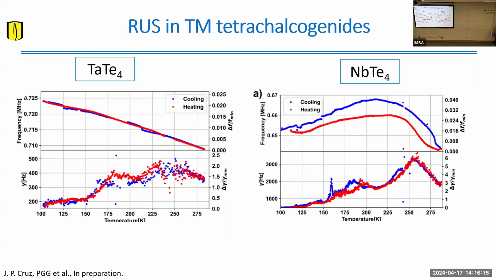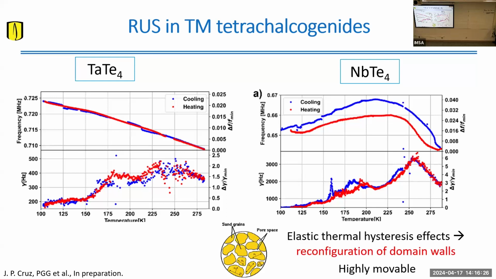This thermal hysteresis effect means that you have highly movable domain walls in the system across all the different ranges of temperature. This resembles results that have been taken for similar systems, but for granular systems in engineering, in which you have grains with movable frontiers that have the same hysteretic effects.